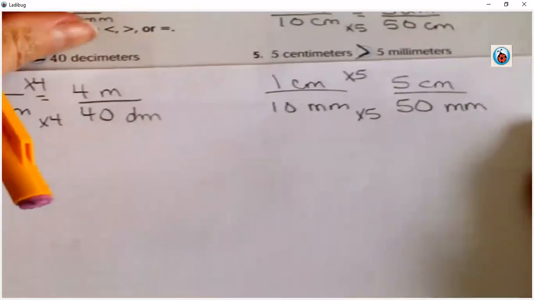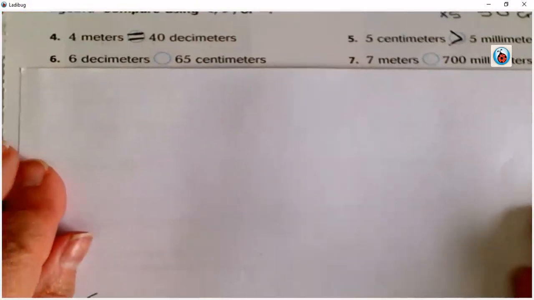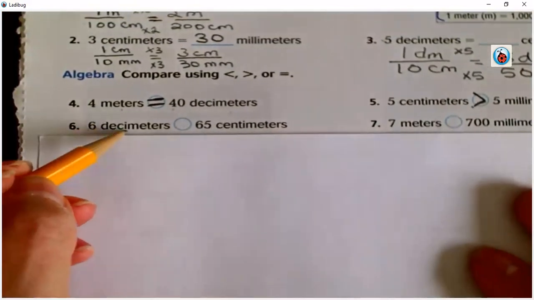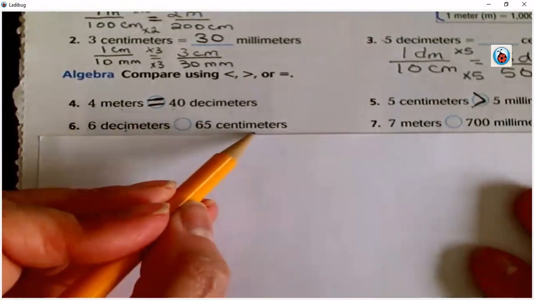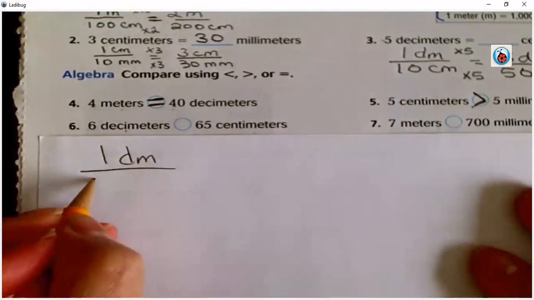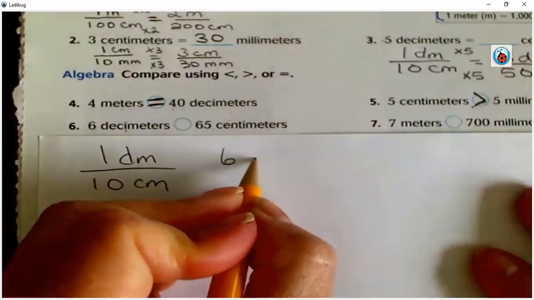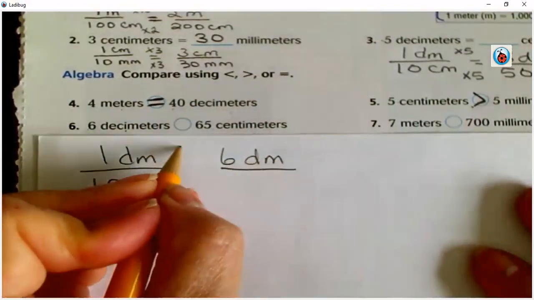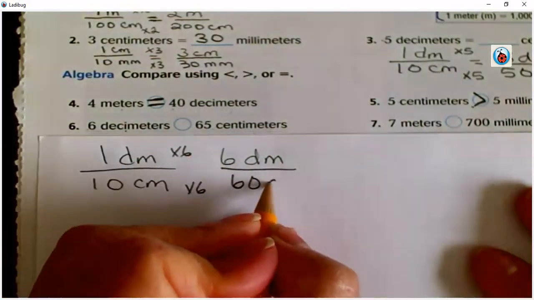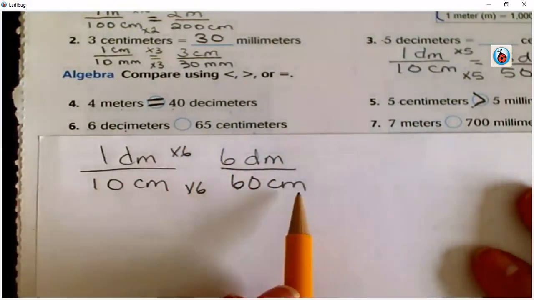Okay? All right. Let's try this one. 6 decimeters compared to 65 centimeters. Well, in 1 decimeter, there are 10 centimeters. So in 6 decimeters, times 6, times 6, there should be 60 centimeters. Well, this has 65 centimeters. That's bigger than 60 centimeters.